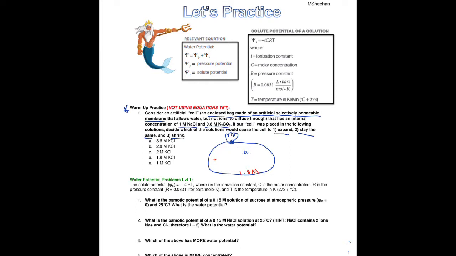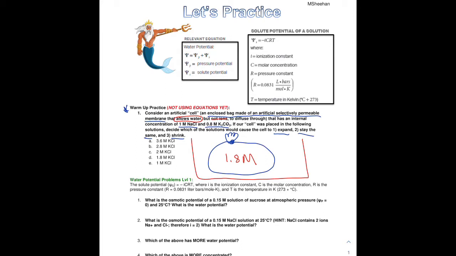So we can get rid of this other stuff. We're going to say that our artificial cell has a solute concentration inside of 1.8. Knowing that, if we put it in these different solutions, let's see how the water's going to move. It tells us up here that our selectively permeable membrane allows water to move, but not ions.